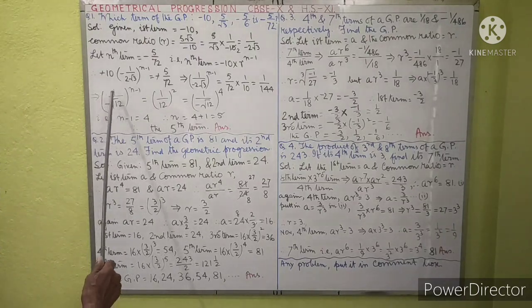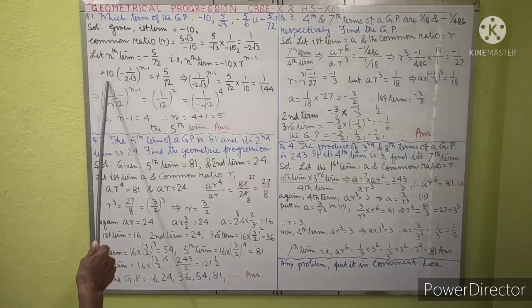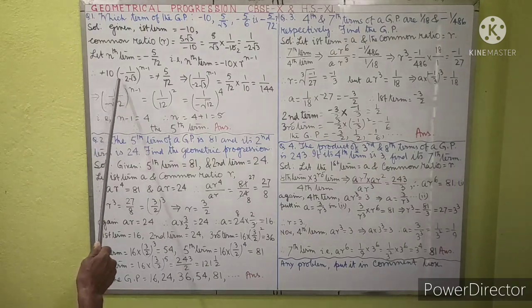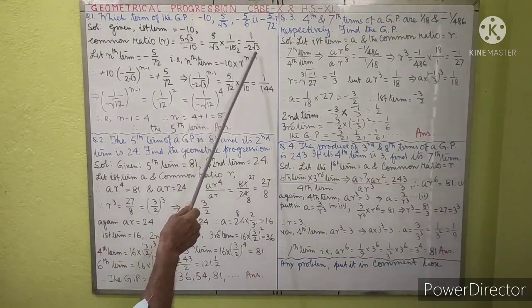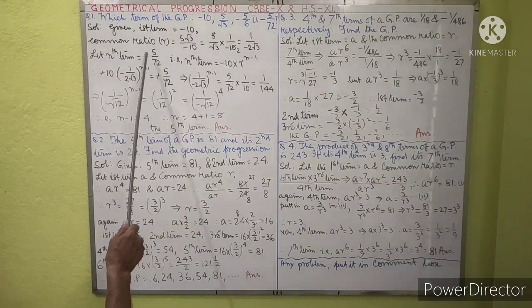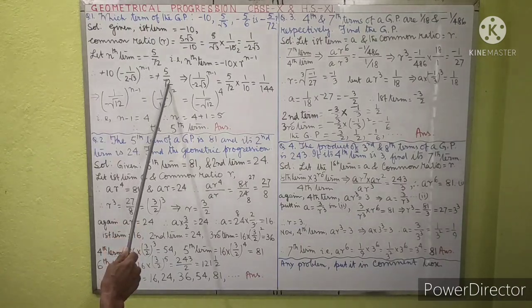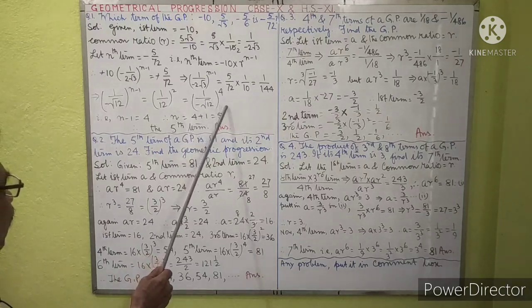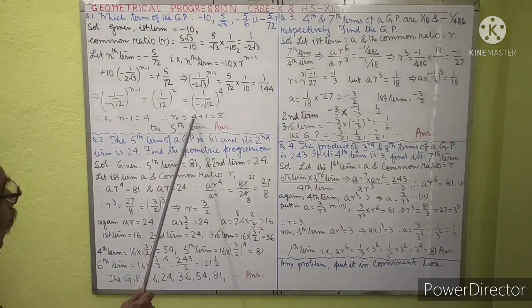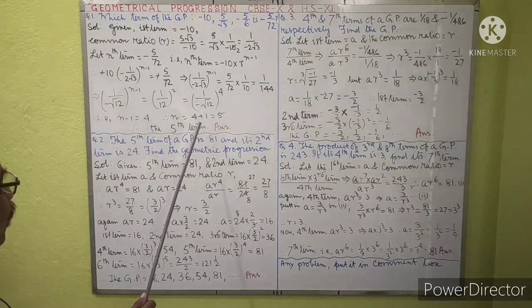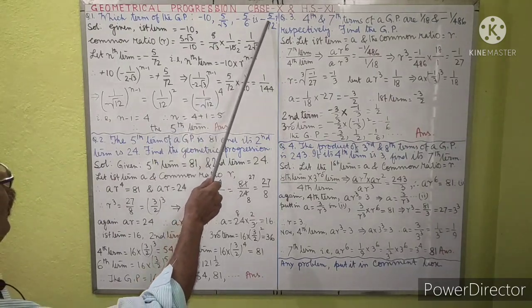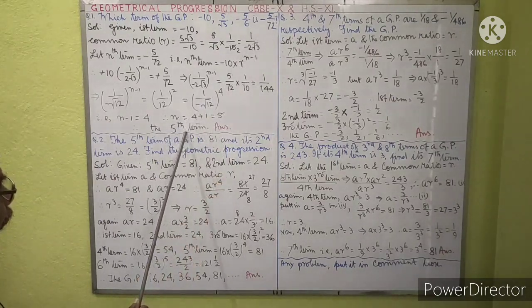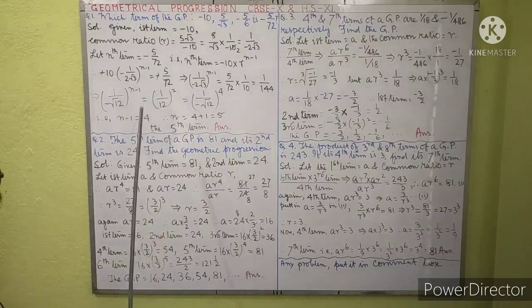Therefore minus 10 into 1 by minus 2 root 3 to the power n minus 1 equals minus 5 by 72, and after calculation we are getting n equal to 4 plus 1, that is 5. So this minus 5 by 72 is the fifth term of this GP.